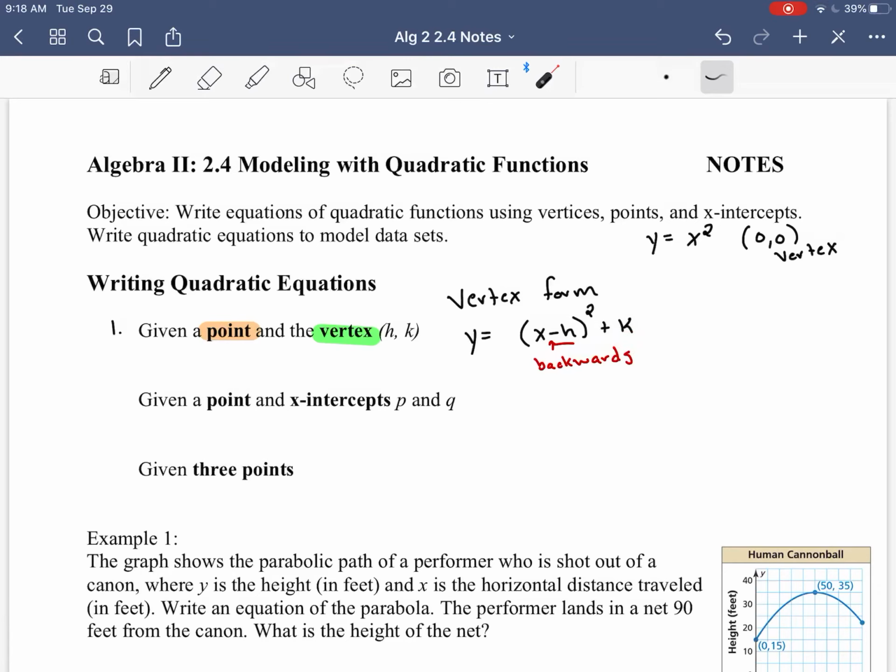But then we also could possibly have a stretch or shrink, so we're going to multiply out in front by an a. There could be some constant out there that's going to stretch or shrink it. This is what we call vertex form, and if we know the vertex of the parabola, this is what we're going to use.